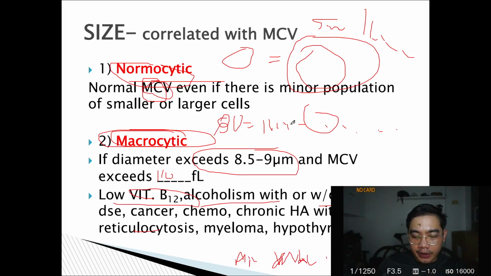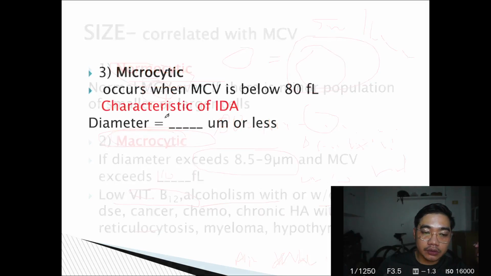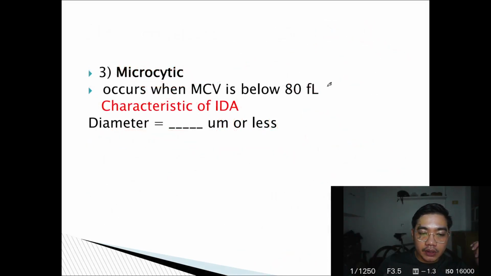So like the recurring theme that I have been going on, your cells tend to get smaller as they mature. So large cells tend to be more immature. So there is lack of maturation in your macrocytic cells. Microcytic, 80 or less, so less than 6 usually, the diameter.